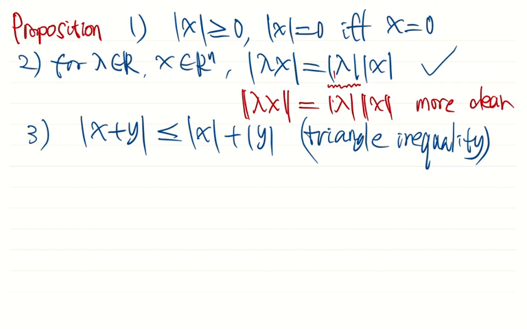The proof is straightforward. For example, we prove the third one, which will use the Cauchy Schwarz inequality. For the triangle inequality, we take the square of both sides and compute the norm of x plus y squared, which is the inner product of x plus y with x plus y.